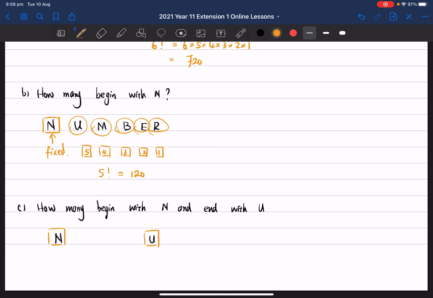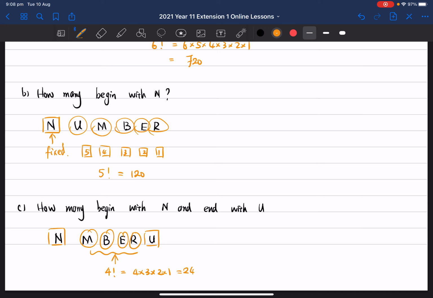However, what's in between we can change. We have M, B, E, and R left in between. With these 4 letters, we can rearrange them. So we will have 4 factorial different permutations, and that gives you 4 times 3 times 2 times 1, which is 24 different possible ways.